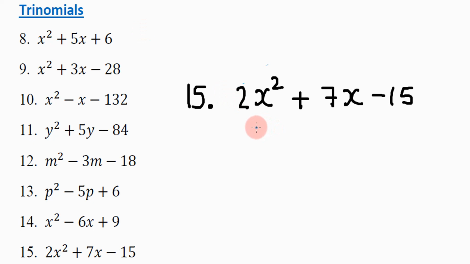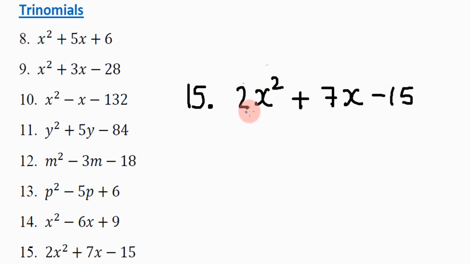Now, it's a little bit trickier to factorize a trinomial if the x squared coefficient is not equal to 1. There are quite a few different ways of doing this, such as the cross method. But we're going to stick to one method, which I believe is the quickest. We start by multiplying the x squared coefficient by the constant.